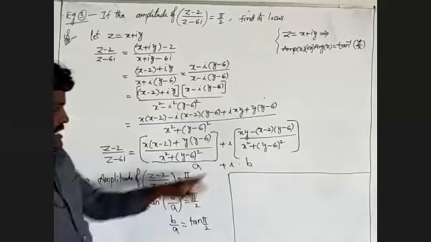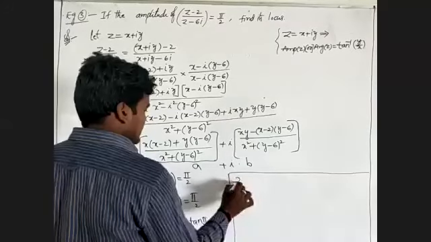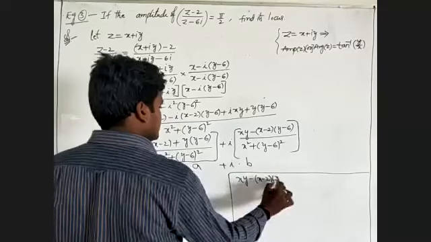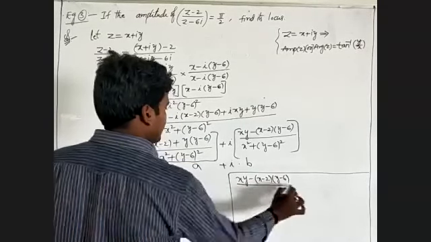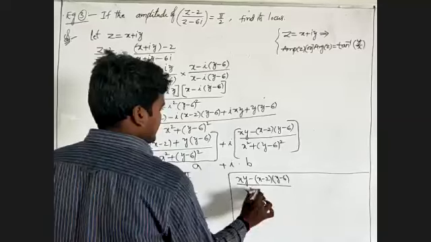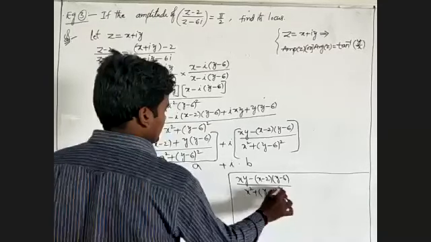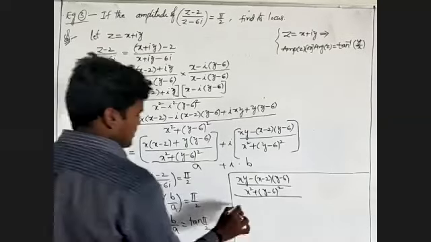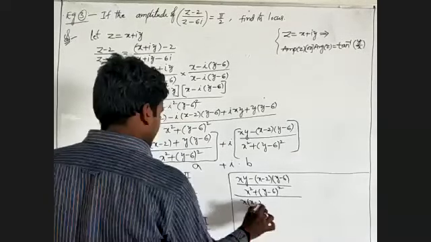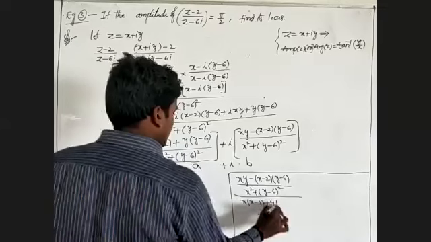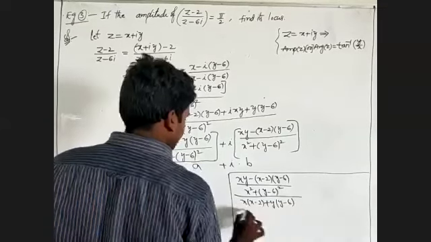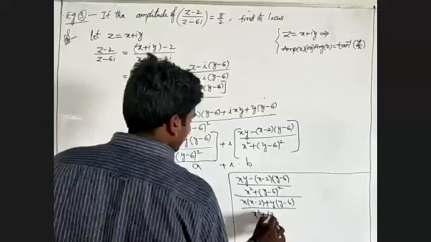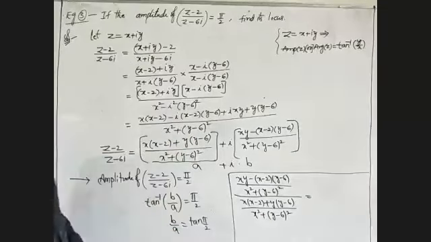Where b is the imaginary part, I will write xy minus x minus 2 into y minus 6 by x square plus y minus 6 whole square, and the real part must be written as x into x minus 2 plus y into y minus 6 by the same denominator, x square plus y minus 6 whole square, which equals tan pi by 2.